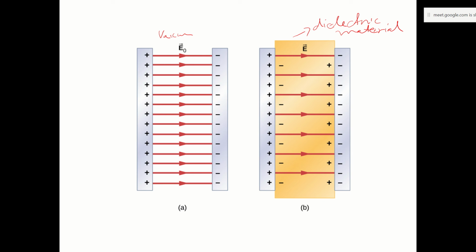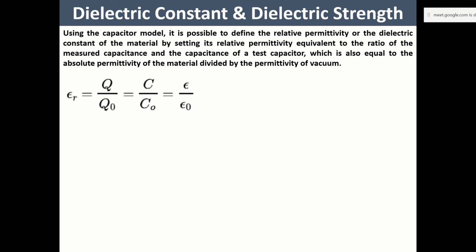Any material that can do this, we call it a dielectric material. Okay, so for the capacitor, relative permittivity. There are ways in which you can define this and relate the capacitance with epsilon, the permittivity, and the dielectric constant.